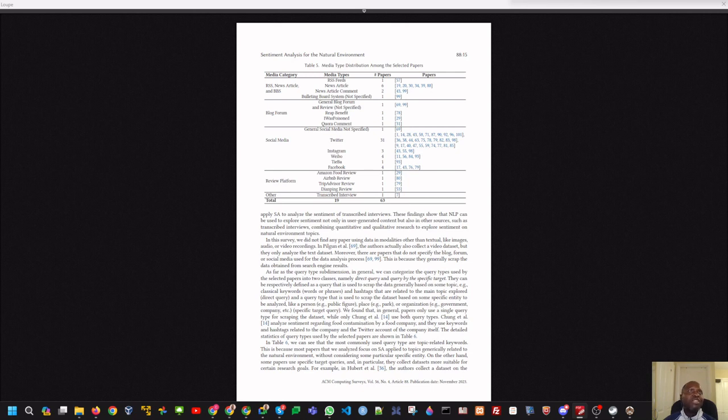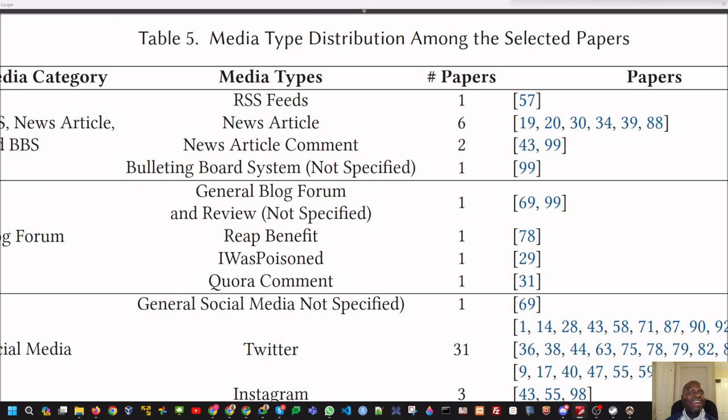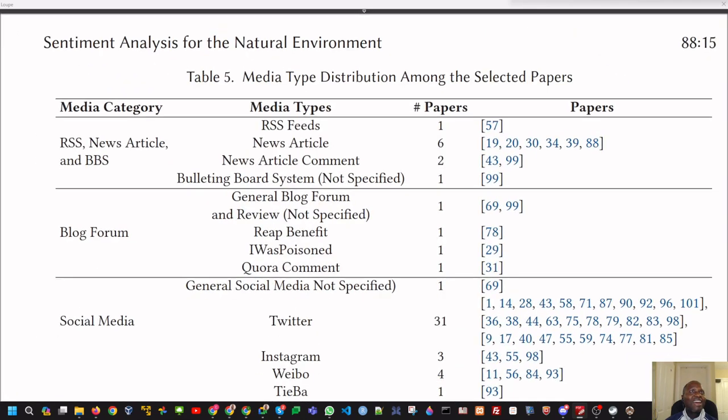But this one is a different type of table, media type distribution. Let me see if I can enlarge this. Oh my God, this is becoming interesting. Yeah, it's coming up.